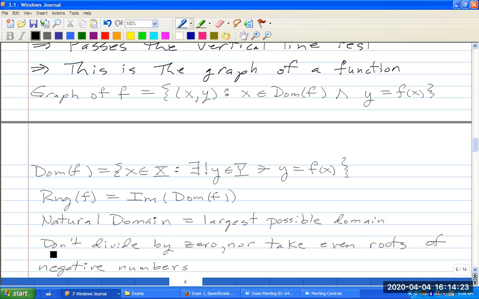So in general, we don't want to divide by 0. And in this class, we'll usually want our functions to be real valued, so we do not want to take even roots of negative numbers. So those are the general guidelines that we will follow to determine a natural domain.